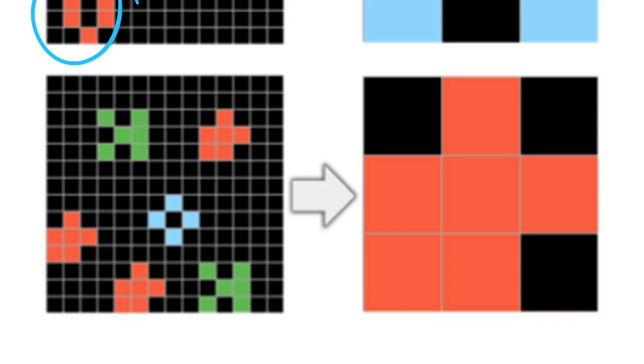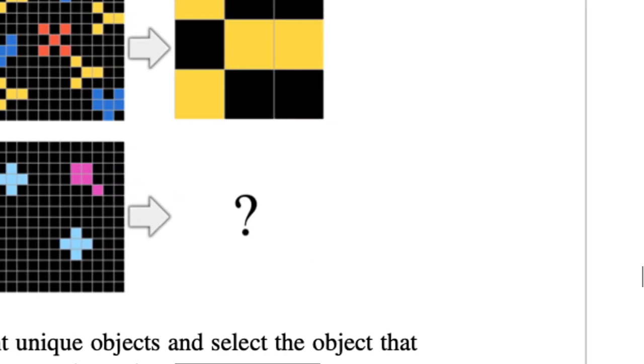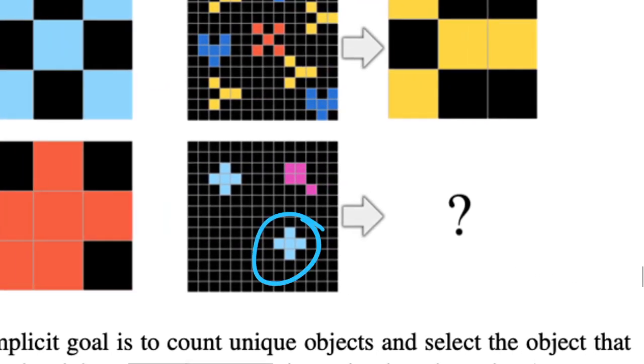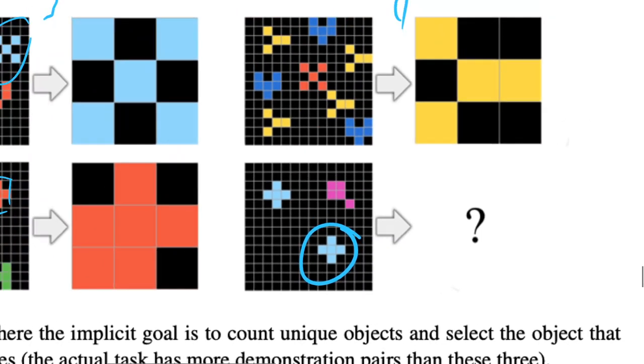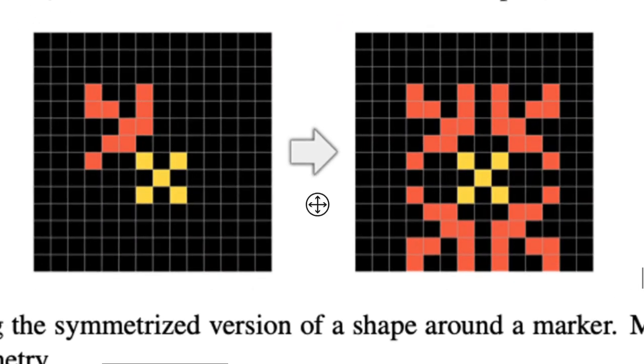But you need to somehow be able to focus in on one of these objects. You need to count them. You need to compare the counts with each other. And now here you can pretty easily see that the output grid is going to contain one of those blue things as a human. And here it's sort of a symmetry filling task.